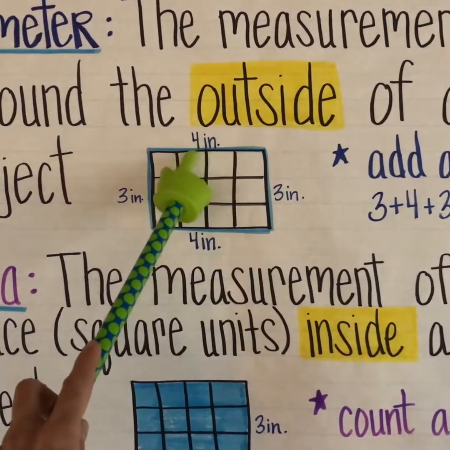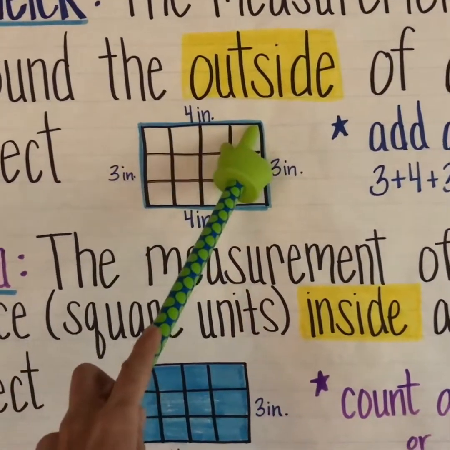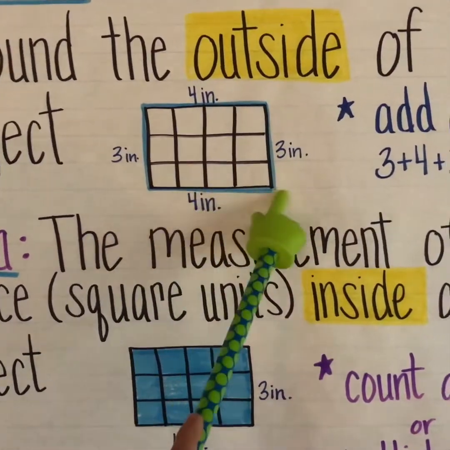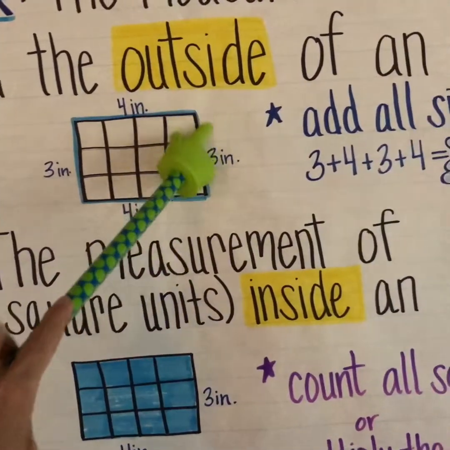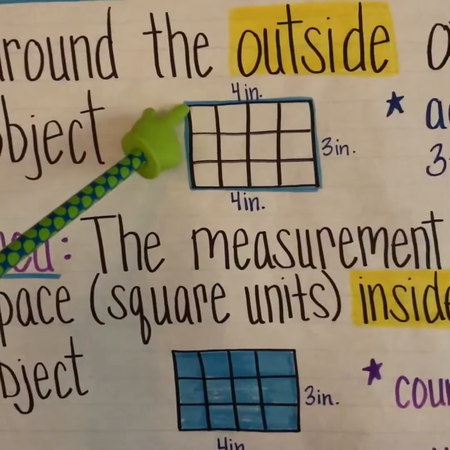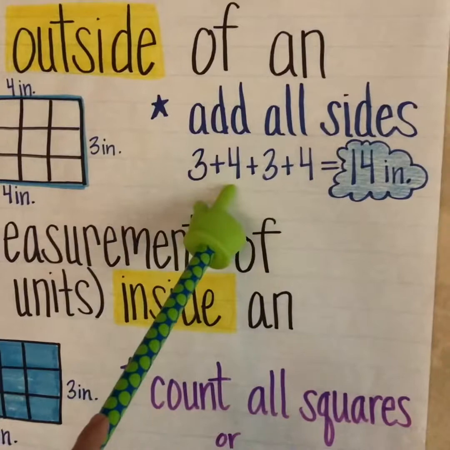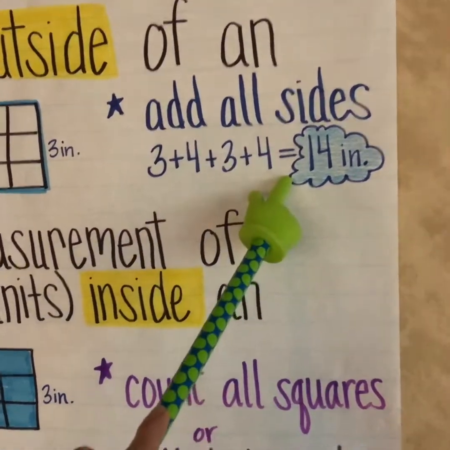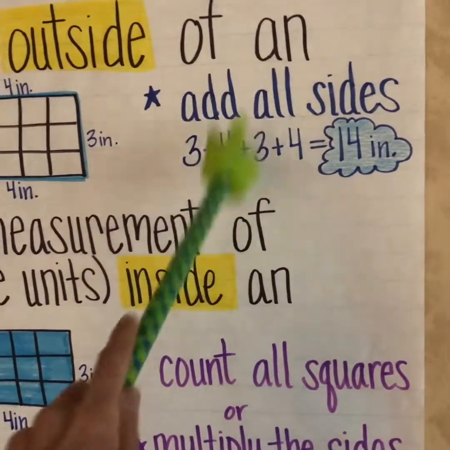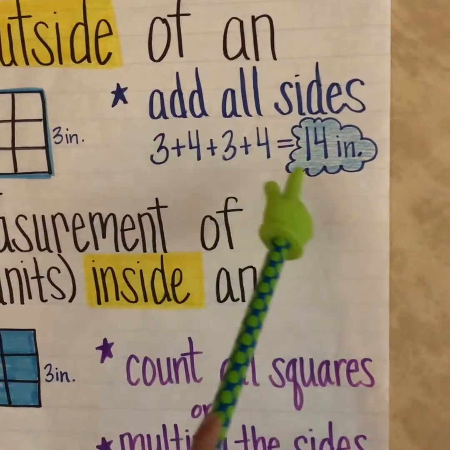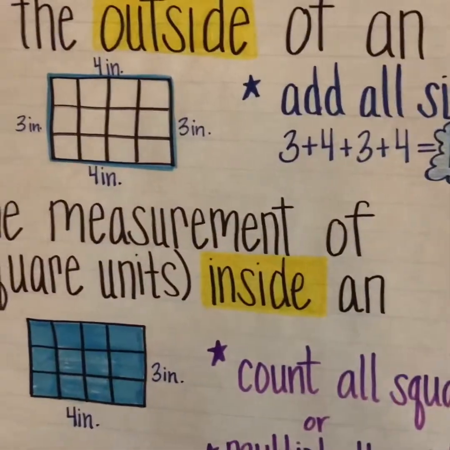So we know in a rectangle, if this side is 4 inches, this side would be the same length, 4 inches. And if this side is 3 inches, then this side would also be 3 inches. So we need to add 3 plus 4 plus 3 plus 4. 3 plus 4 is 7, and 3 plus 4 is 7. 7 plus 7 is 14 inches.